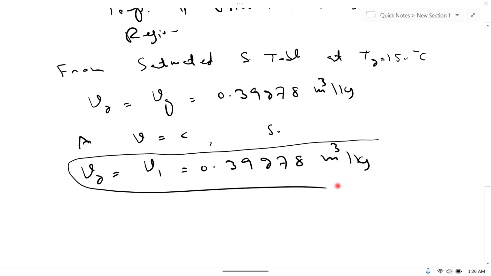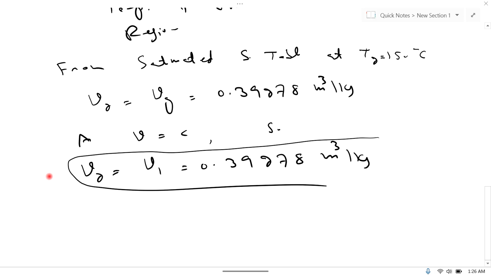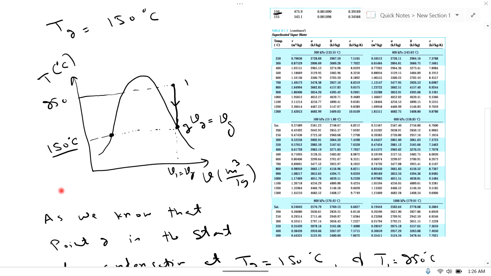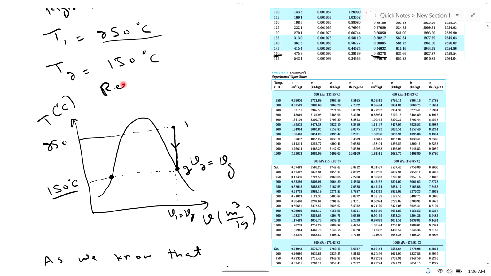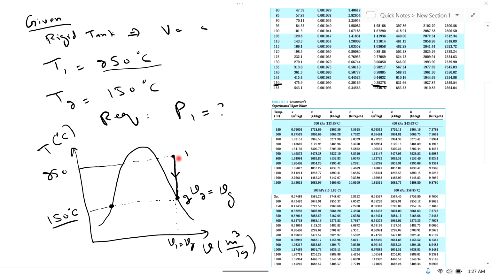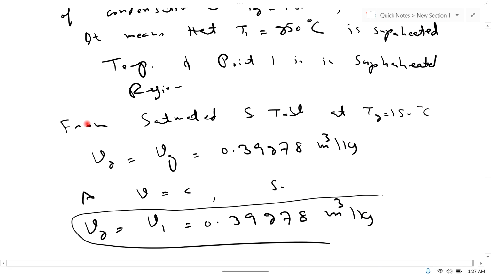So it means that the required quantity is P1, as given in the statement: estimate the initial pressure of the tank. Initially the steam is superheated. Now two values are known to us: temperature 250 degrees centigrade and specific volume V1 of 0.39278.